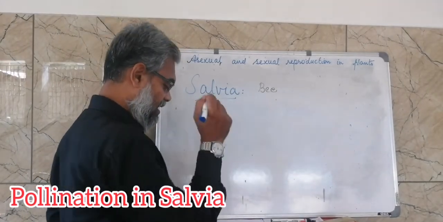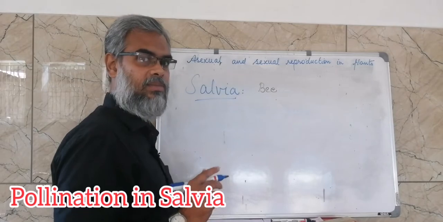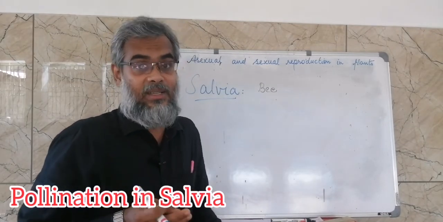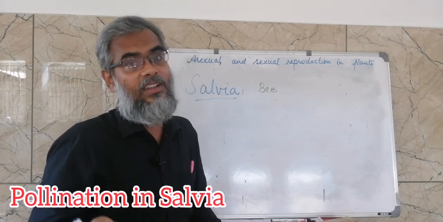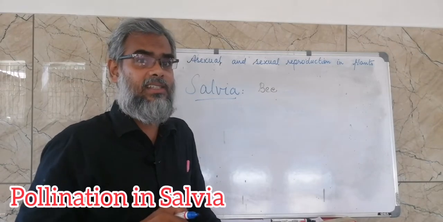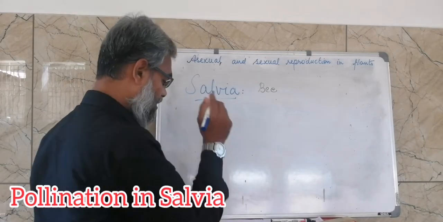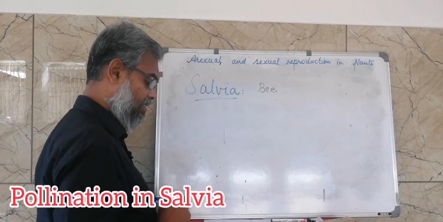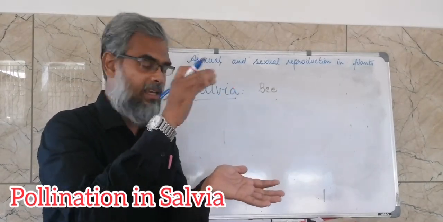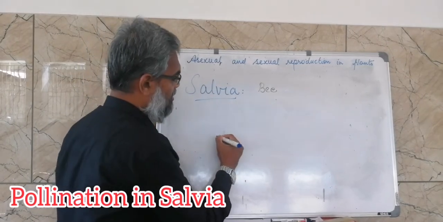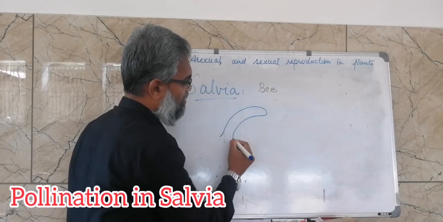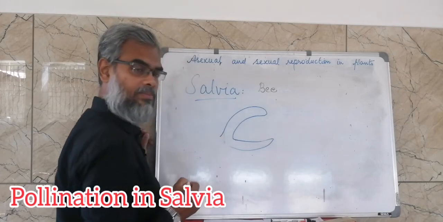Likewise. It is protandrous. Protandrous means the stamens and stigma mature at different times, not at the same time. We have learned it earlier. In Salvia, it is protandrous and bilabiate, somewhat like two lips. Imagine, I'll draw it and show you the video clipping also. So this is one and this is another one.